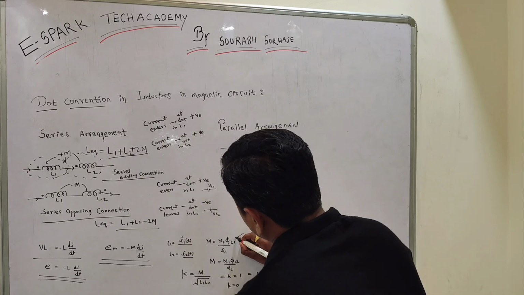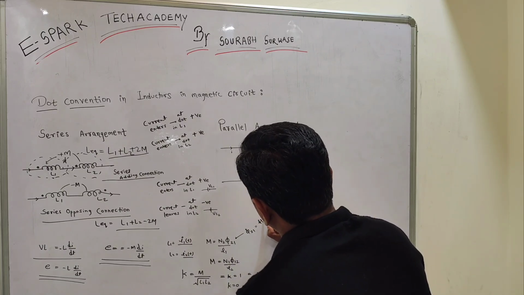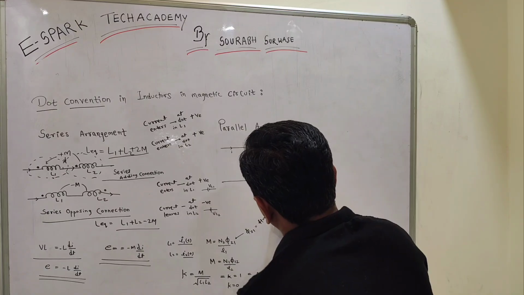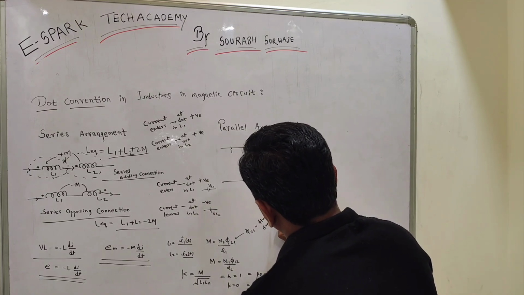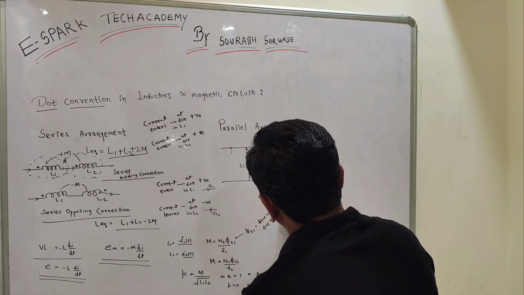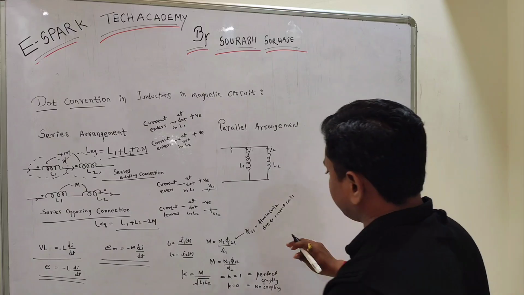Phi21 is equal to the flux in coil 2 due to current in coil 1.